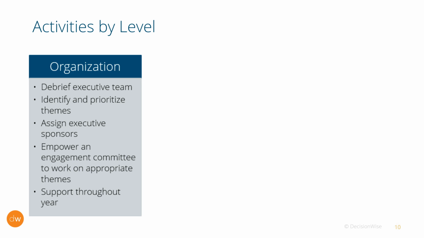Typically at this level, some of these ideas or themes lend themselves well to an engagement committee of volunteer employees, to work on, create ideas, be the ears in the organization about this topic. And they suggest these action planning ideas to the executive team to work on. And then the executive team is supporting that throughout the year at the organization level. They're reiterating these topics and so on. So that's the organization component that most companies will do with their results.